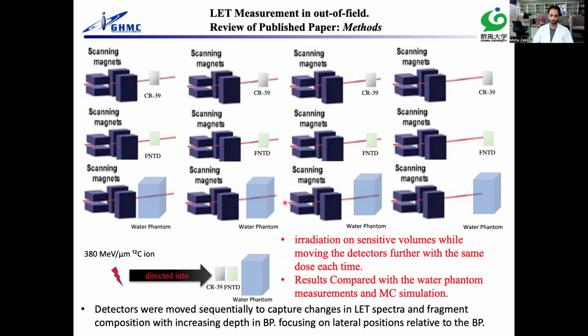The purpose is to track the change in LET with increasing depth in the Bragg peak. For my interest, I am only focusing on the detector positions relative to the Bragg peak, the fragmentation tail. And then they compare the results obtained experimentally with the measurements from the water phantoms. Initially, they did it with the results from the Monte Carlo simulation as well.